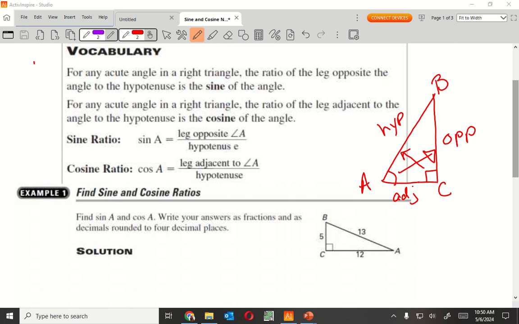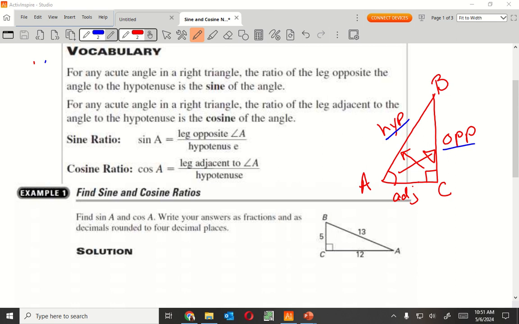So, right here, we're going to look at this. Sine is the ratio of the opposite. So sine from A is opposite, which is this one over here, divided by hypotenuse, which is this one right here. So opposite divided by hypotenuse. That's all I have to do, write the fraction.